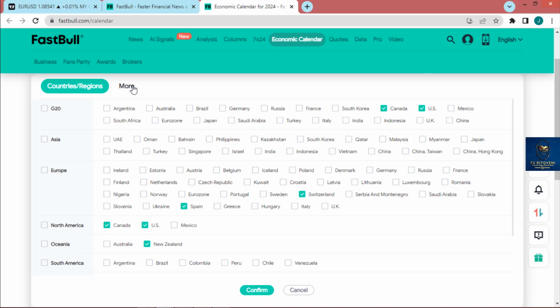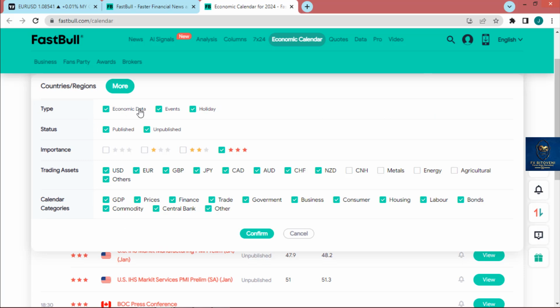For me, I like clicking here on more, and then I filter here. For example, if you have everything here checked, you can remove this and stay with, for example, high impact news, where you have 3 stars with a red color. Then trading asset, you can choose either USD only or Euro or GBP, depending on the asset you are trading.